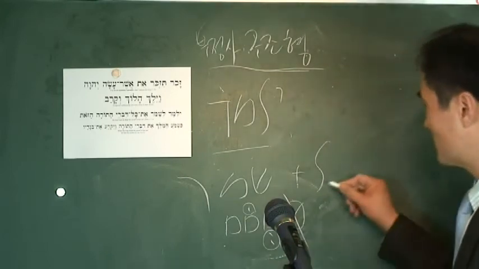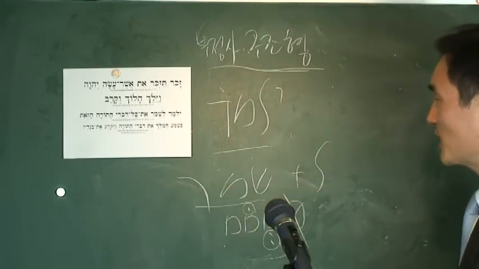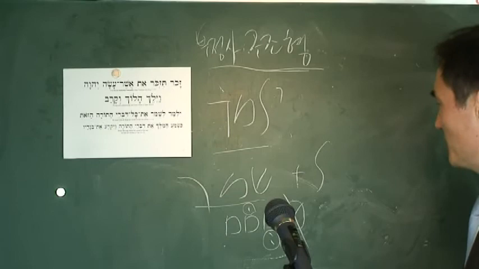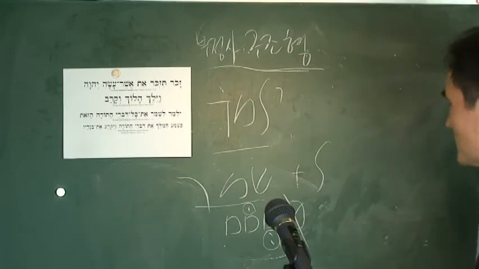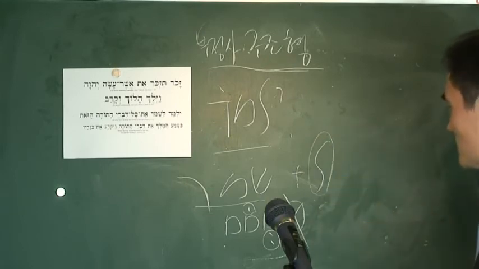When combined, it would be li shemor, and the verb shamar means maintain, observe, or keep.